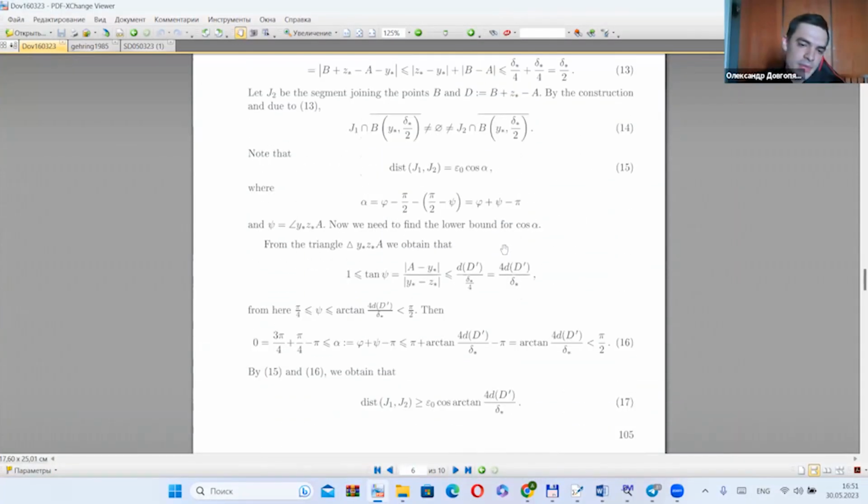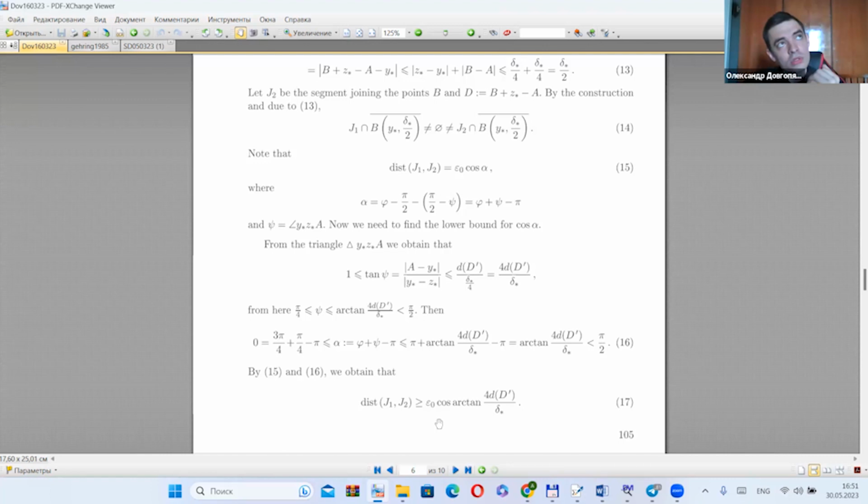We can estimate that the distance between these two segments is more or equal to the distance between points A and B multiplied by this expression. So we can set Z0 equal to this expression to satisfy theorem 1.